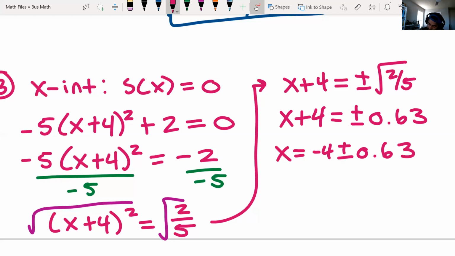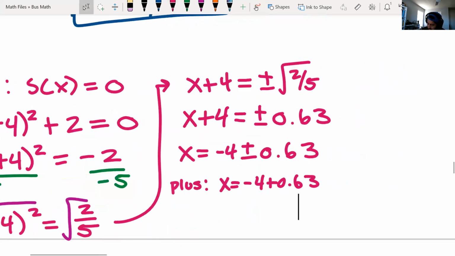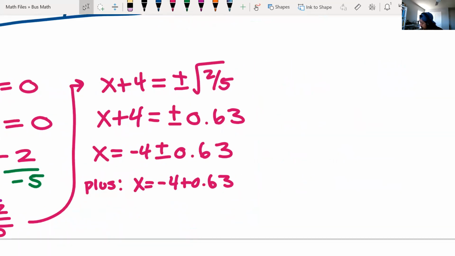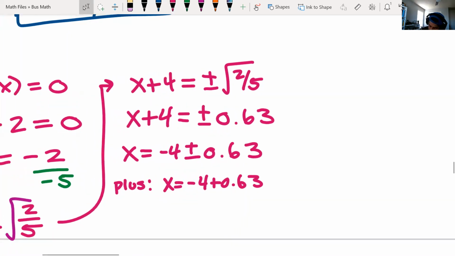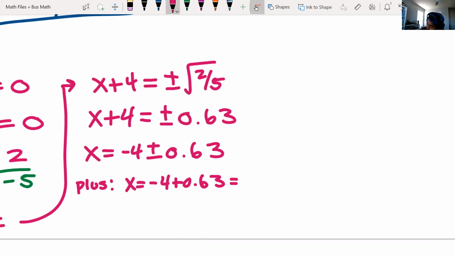And now we have the plus route, which is going to be x equals -4 plus 0.63. And that's, let's see. -4 plus 0.63, I get -3.37.